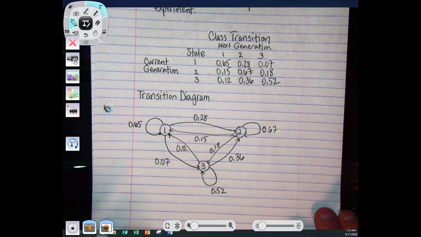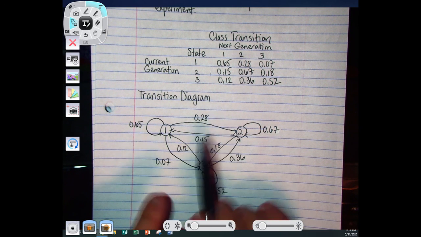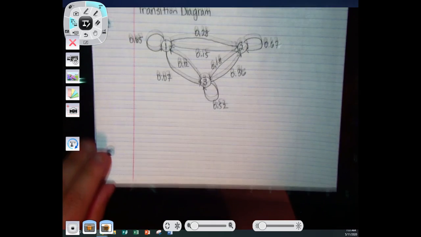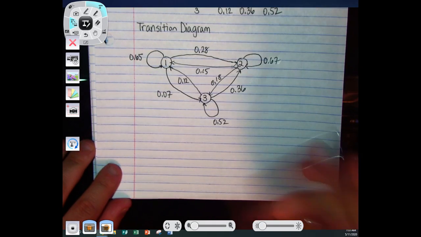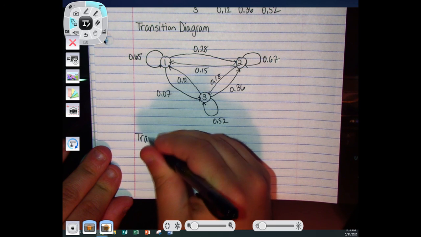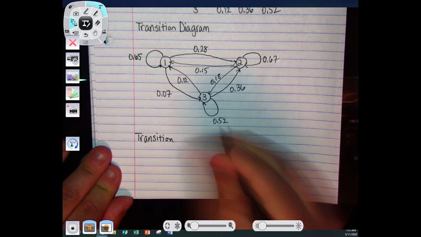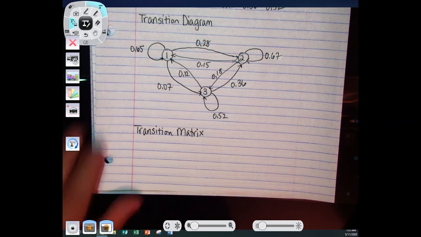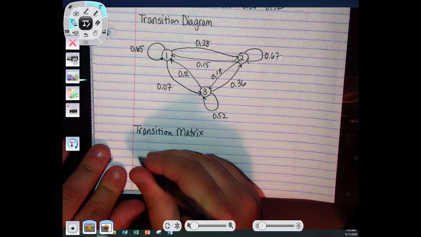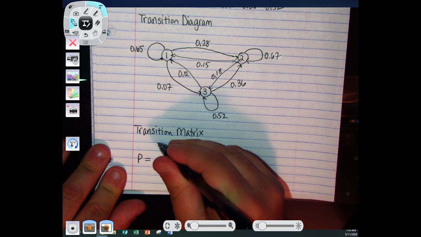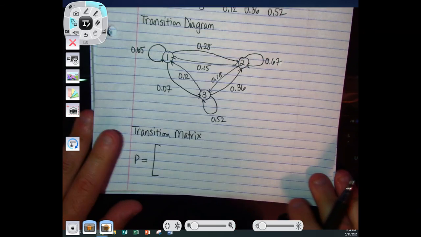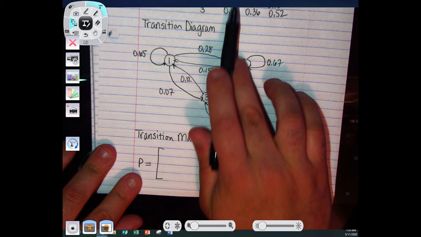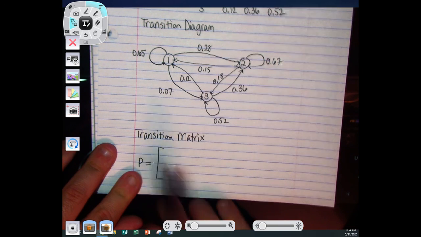Now, the only downfall about the transition diagram is it can be a little confusing to read, especially with all the different arrows. So another way that we can express this information is in what is known as a transition matrix. With the transition matrix, we label it as P. I'm going to take what I did up here in this table and create a matrix.